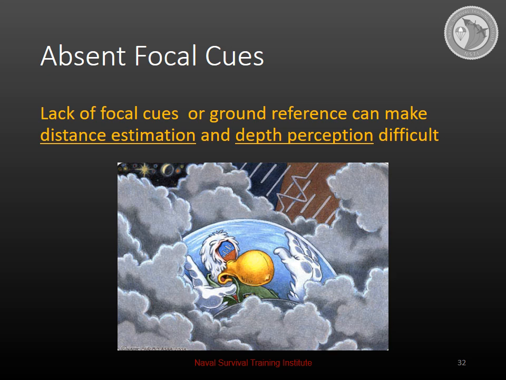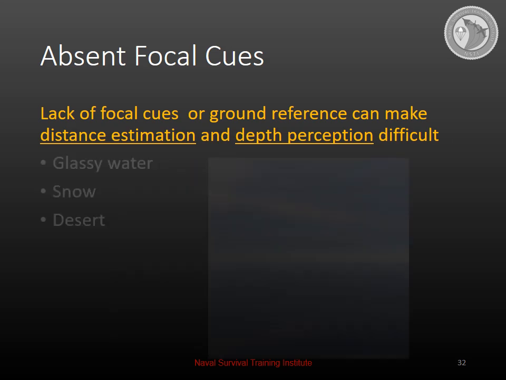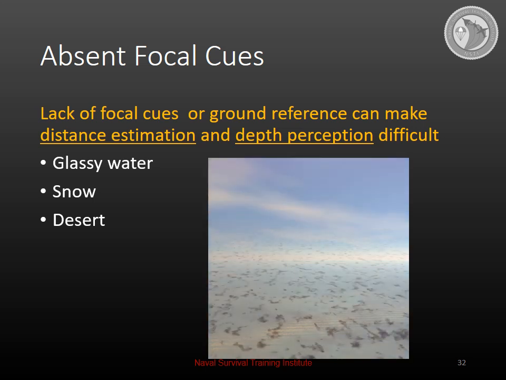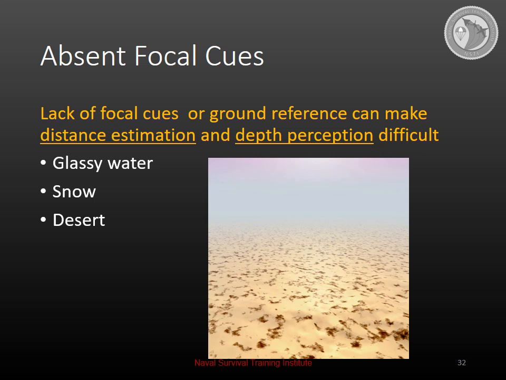We get a lot of information from the ground and the texture of the ground as we see it that we use to estimate how high we are above that ground, how fast we're moving. Well, if we're in an environment where there really aren't very many focal cues, this is really challenging. So if you imagine an environment where the water is glassy smooth, or you're over snow, or perhaps the desert, a place where there just isn't much texture on the ground, it's very, very difficult, if not impossible, to tell how high I am above that ground.